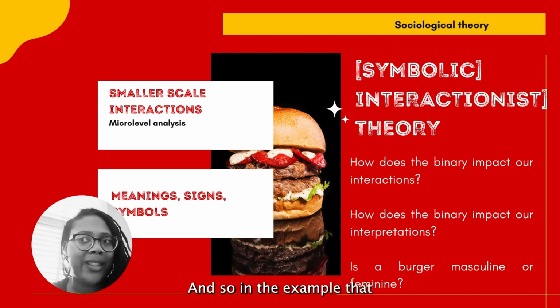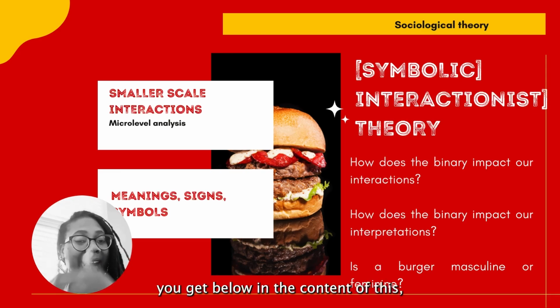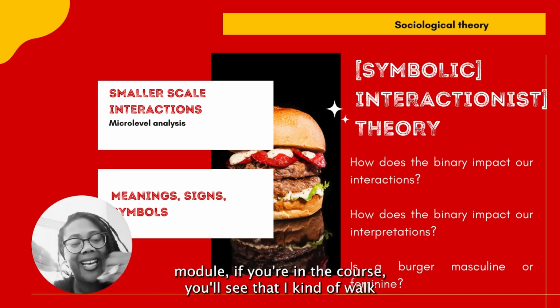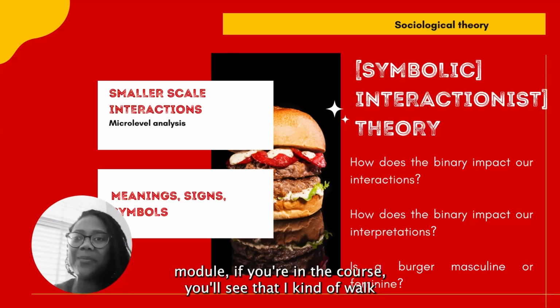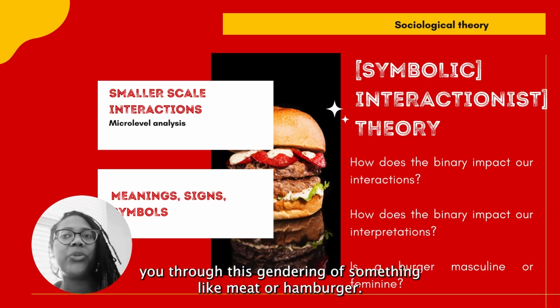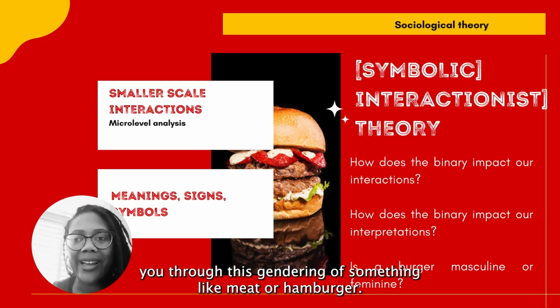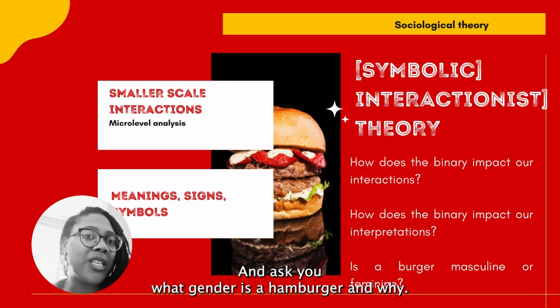And so, in the example that you get below in the content of this module, if you're in the course, you'll see that I walk you through this gendering of something like meat or hamburger, right? And ask you, what gender is a hamburger and why?